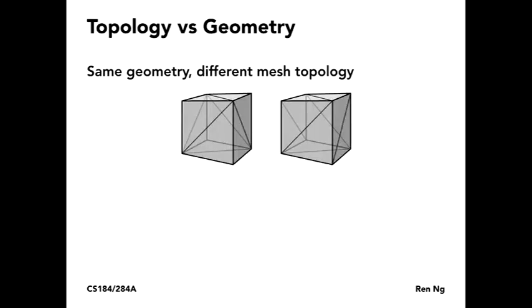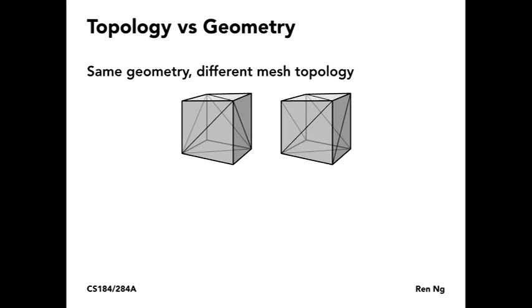Okay, let's warm up some more. One thing that happens in these representations right away that you'll notice is you could have 2 meshes that describe the same shape, but the meshes are different. We'll describe that as the topology of the mesh versus the geometry of the mesh.